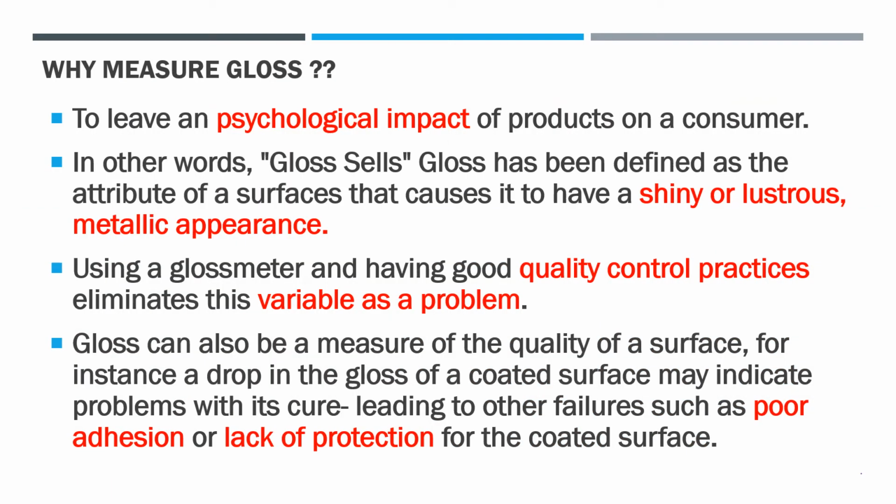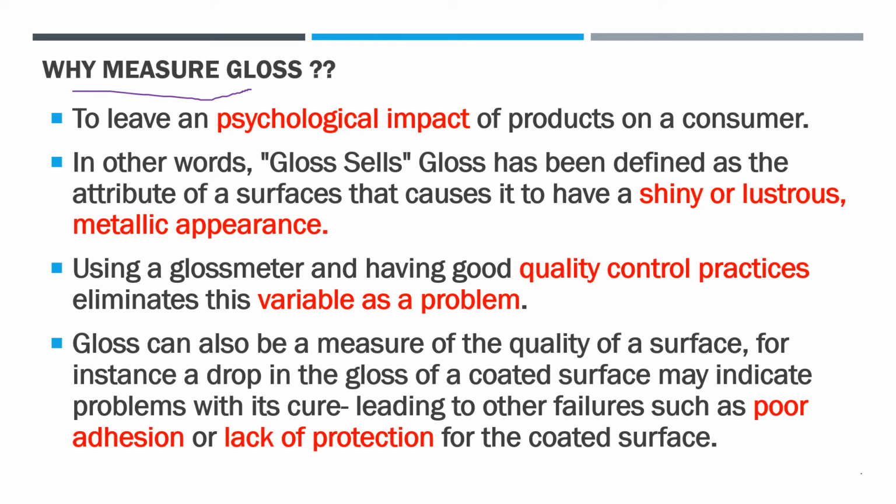Then comes the next topic, why we have to measure gloss. There are different parameters we have to keep in mind, and the first one is the psychological impact of your product on a consumer.